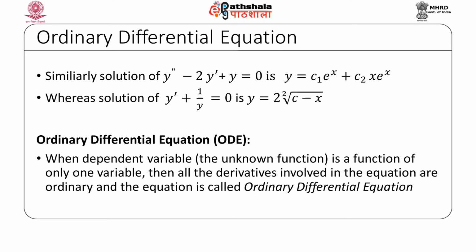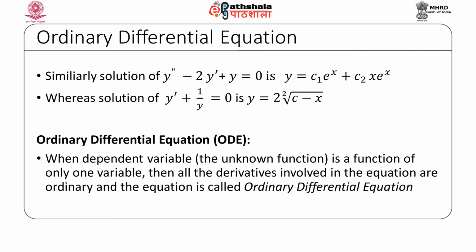Similarly, we can see that the solution of y double dash minus 2 y dash plus y equal to 0 is given by y equal to c1 e raised to x plus c2 x e raised to x. All one would need is to differentiate y with respect to x to form y dash, again differentiate to get y double dash, and substitute those expressions in the left side, that is y double dash minus 2 y dash plus y, and you should get the result equal to 0.